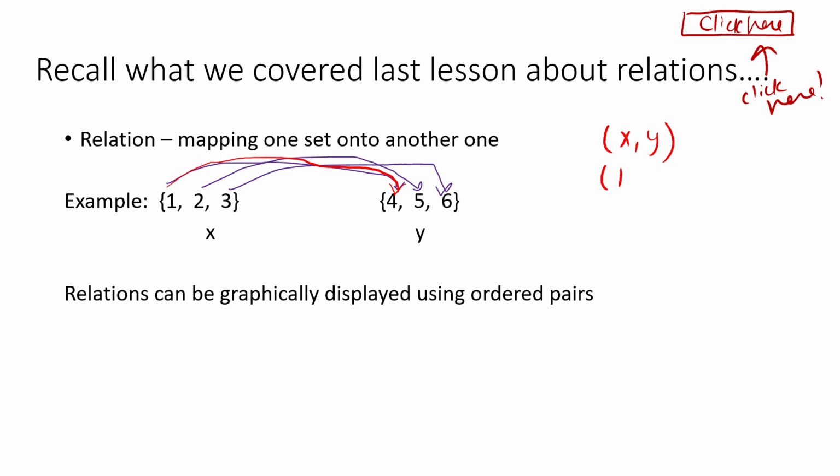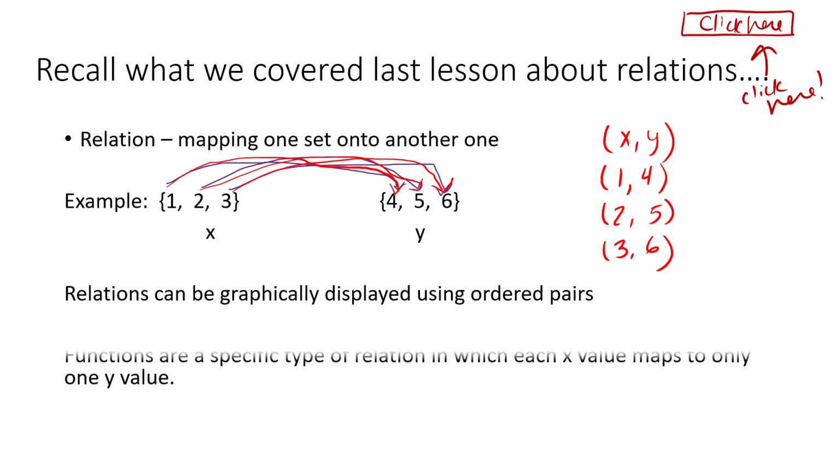So we can see that 1 maps to a 4. We can trace this arrow to see that 2 maps to 5 and 3 maps over here to 6. And so we've got this idea of relations and we're mapping one set onto another.